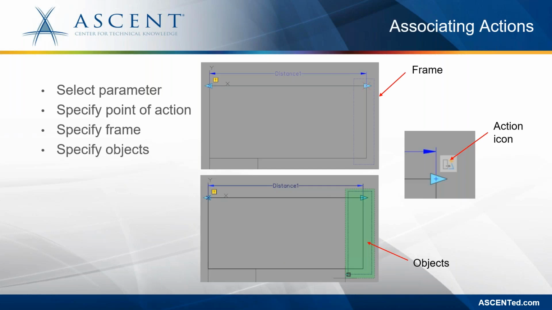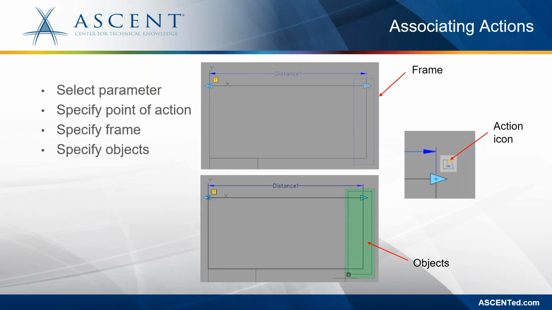And how do we associate an action with the parameter? What is required for adding that action? When associating an action, you first need to select the parameter. Obviously, you are choosing which parameter you are applying that action to. As with parameters, the next steps are action specific.